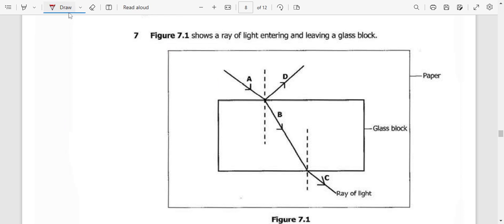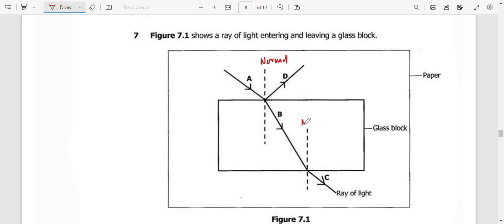Let's consider question 7. Figure 7.1 shows a ray of light entering and leaving a glass block. So here we have a ray of light, and at the top here it bounces like that. This line we call the normal, the line that we draw dotted on the surface.